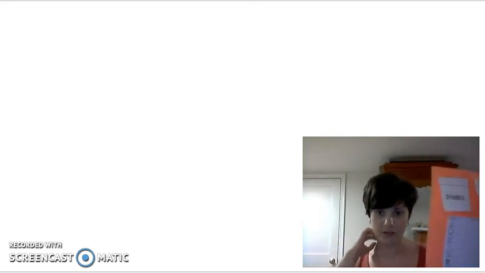You should have something that looks like this. And then on the back of this, you're just going to put glue or tape all over it, and you're going to put it right underneath those two foldables. So your notebook page should look like this.